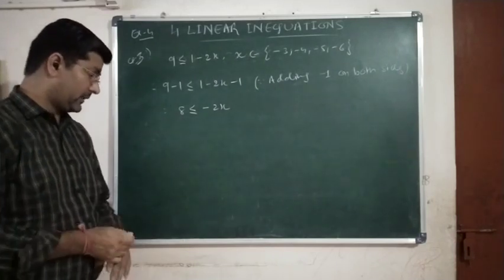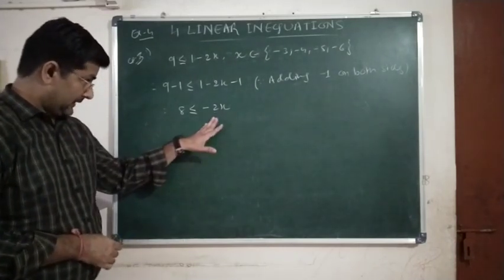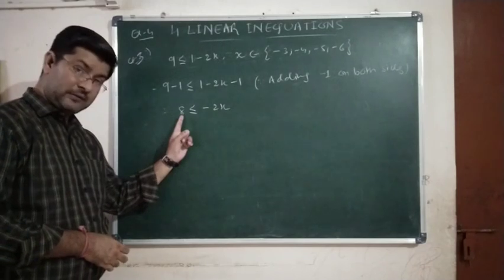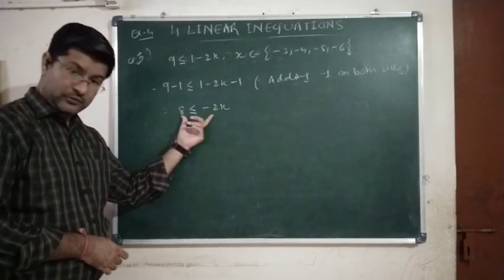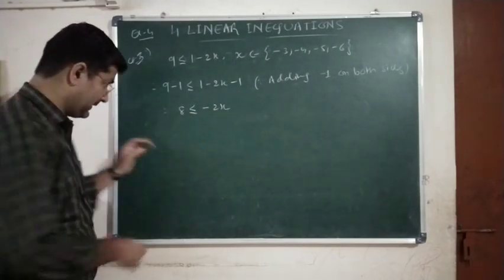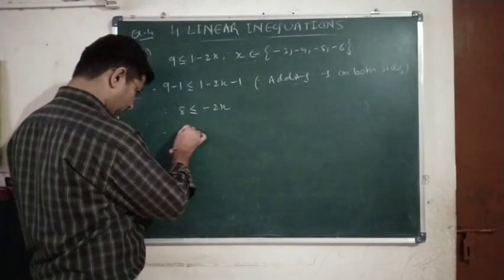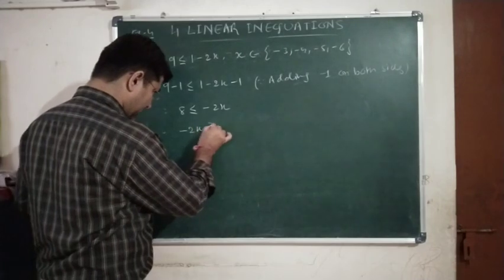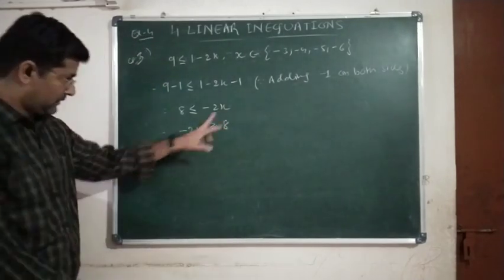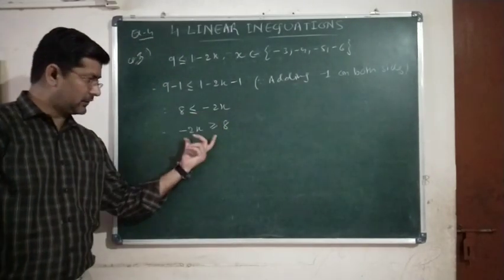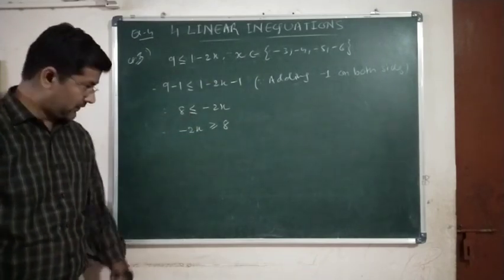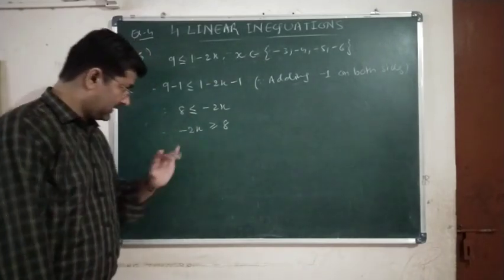Okay, now what we can do, we can interchange the two terms by changing the inequality. How to change? See, 8 is less than or equal to minus 2x, so we can write minus 2x is greater than or equal to 8. So if you are interchanging the position, then you will change the inequality also. Okay, now we have written in this way.